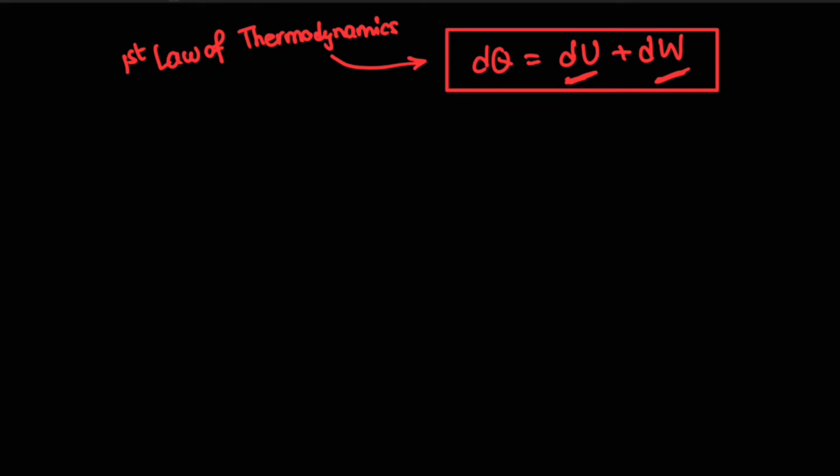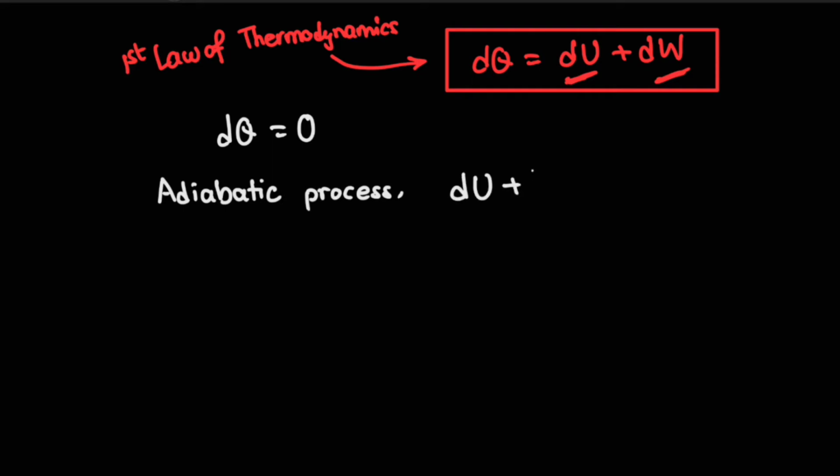So in an adiabatic process, by default, dq is equal to 0. So we are left with du plus dw being 0. To change the internal energy of a system, the equation is du equals Cv times dT.